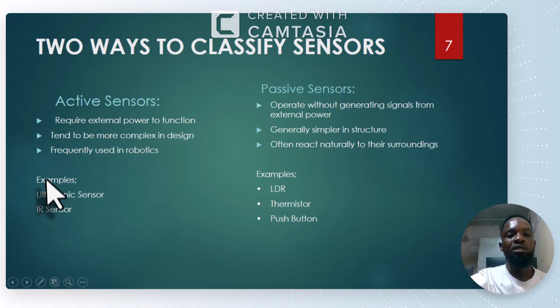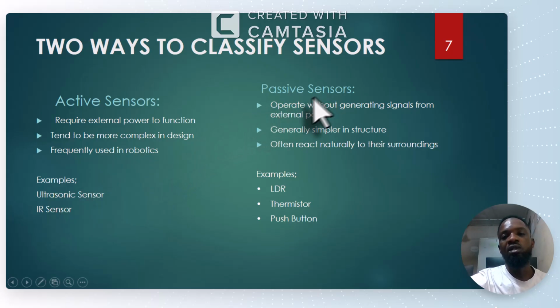And these are examples of active sensors. So the examples that we mentioned are also categorized. For active sensors, we can talk about the ultrasonic sensor. If you remember, I said it is the most common one in the market. And then we also have the IR sensor, also under active sensors.